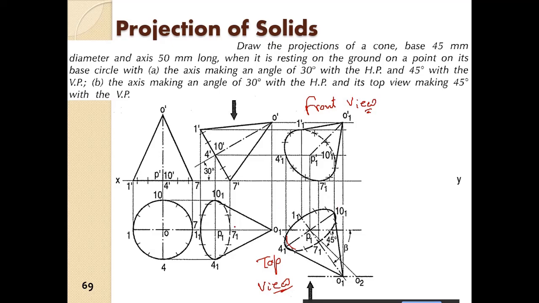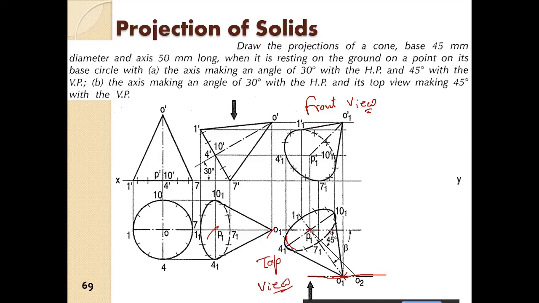Again here you see, this is a point P. From here it is marked at 45°, so we obtain this point. Along this point you draw this line parallel to XY. Then you take this P1O1 as radius, and again from P1 you mark this O1.